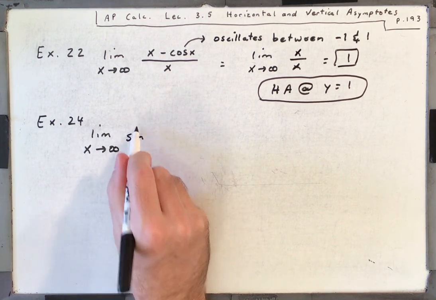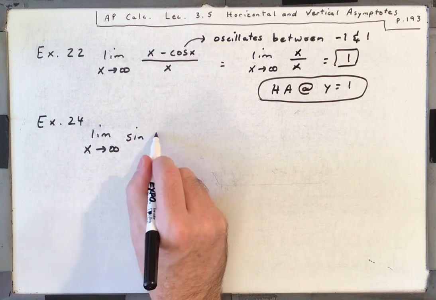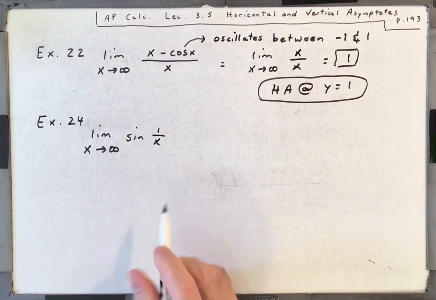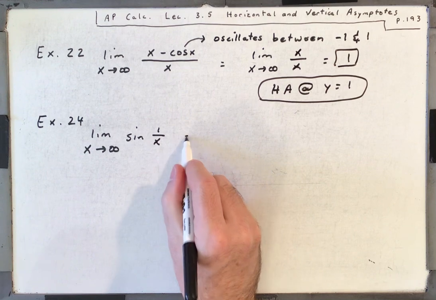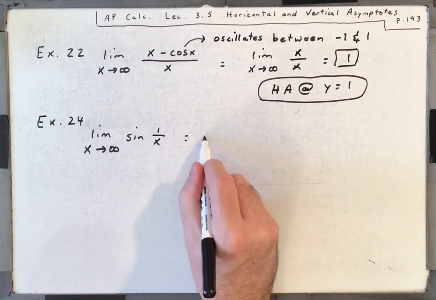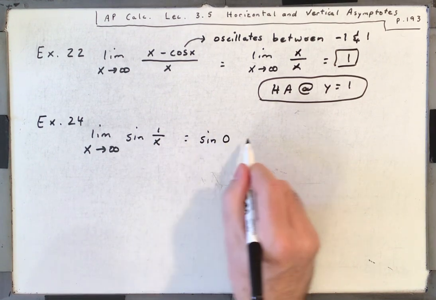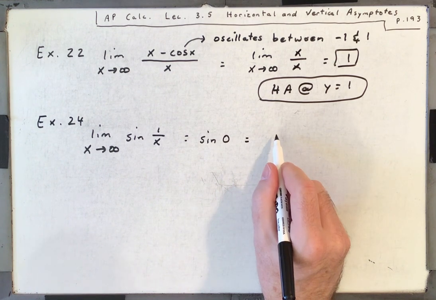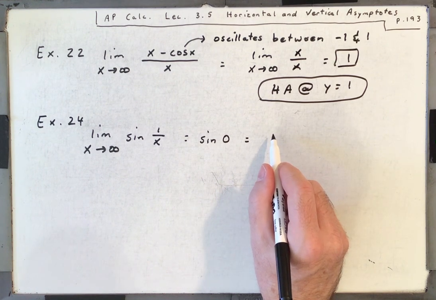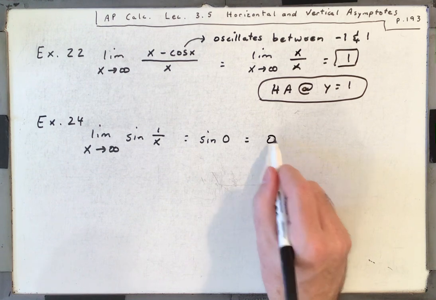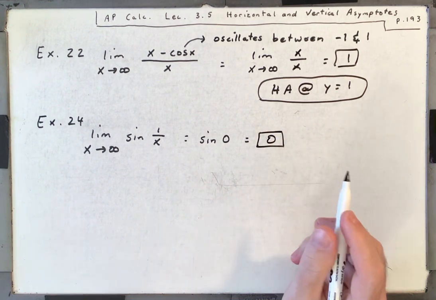All right, and finally, the limit of sine of 1 over x. Now, 1 over infinity is basically 0, right? This is the same as sine 0, which is just equal to 1. Excuse me, 0. Right?